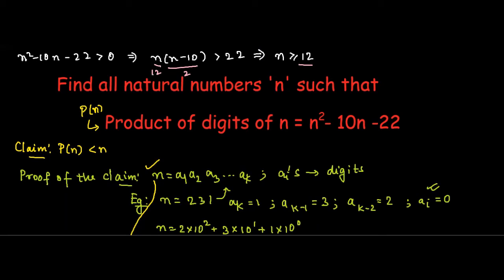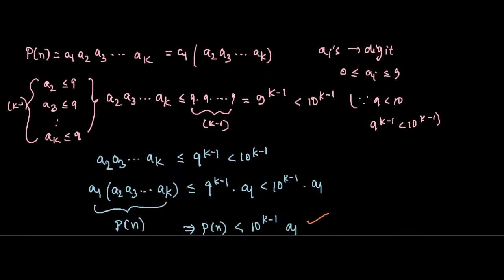So the product will become 24, and hence we can say that yes, this is greater than 22. So this will only happen if n is greater than or equal to 12, if n is a natural number. If n is not a natural number, we can simply find it by doing some quadratic stuff, but we are not going to do that because we are only dealing with natural numbers for easier calculations.